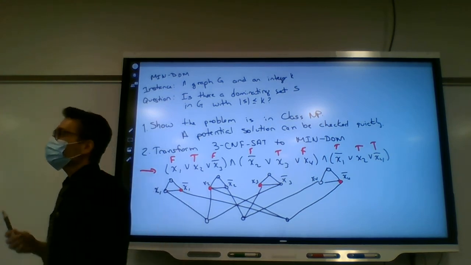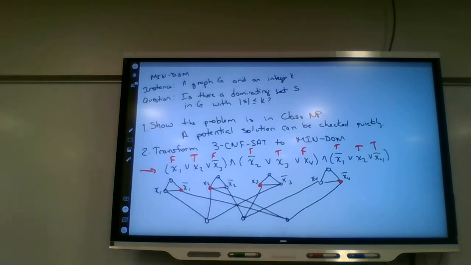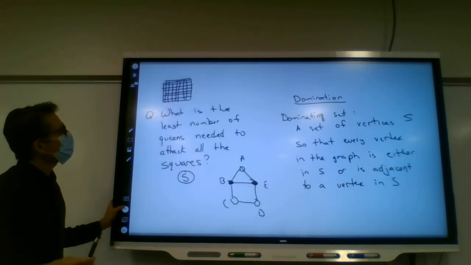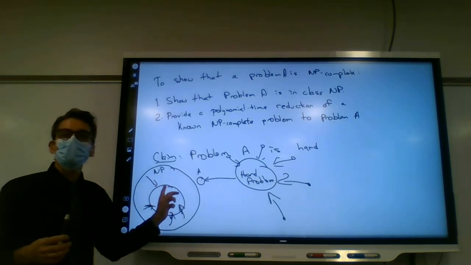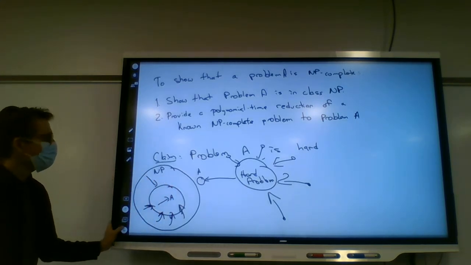So what does that mean? That means that the domination problem is at least as hard as the satisfiability problem, because if we could solve the domination problem, we could solve the satisfiability problem. If we could solve the satisfiability problem, then we could solve all of the other problems in class NP.